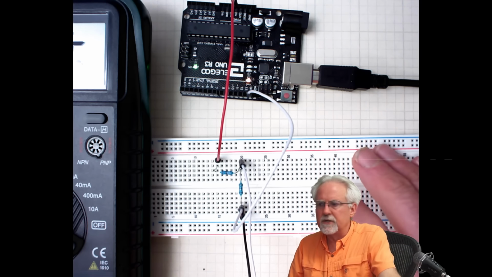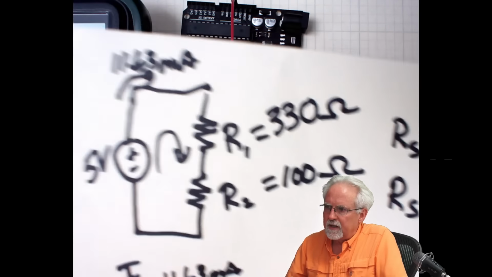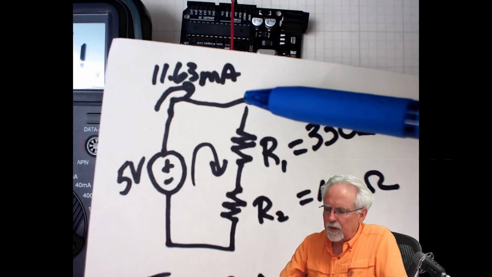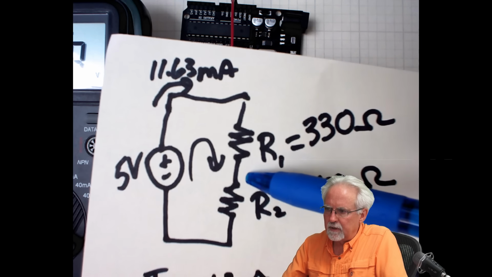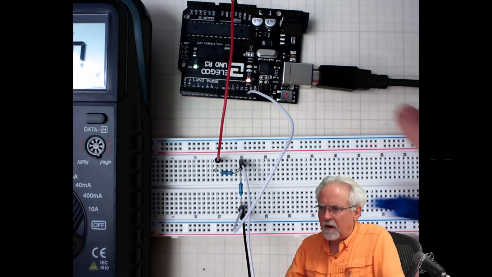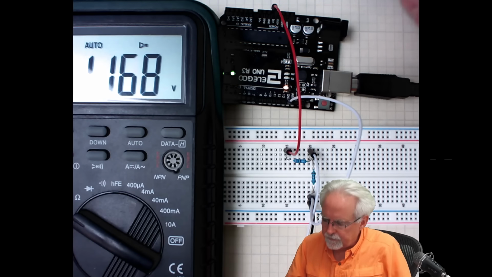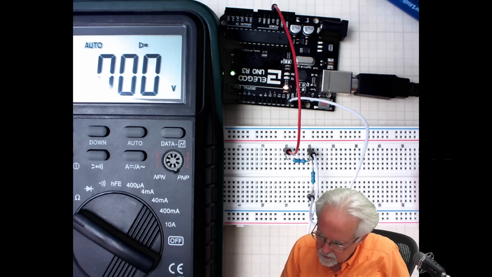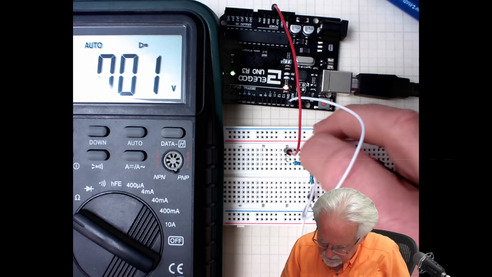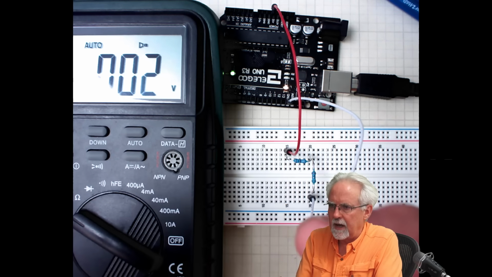Now we want to measure across R1. To do that, I would put the red lead above R1 and the black lead below R1 coming off of our meter. So let's get those two leads. Okay, so here I have them.